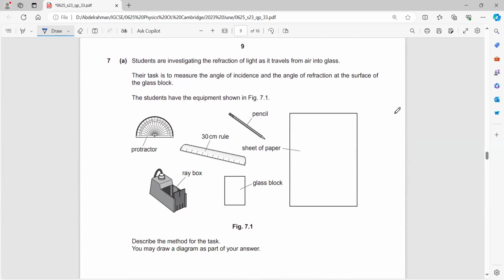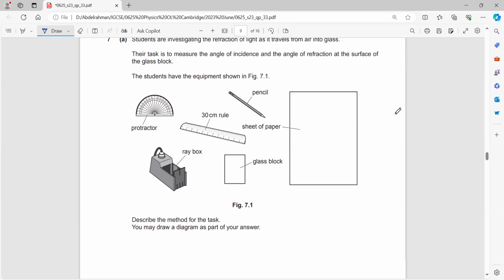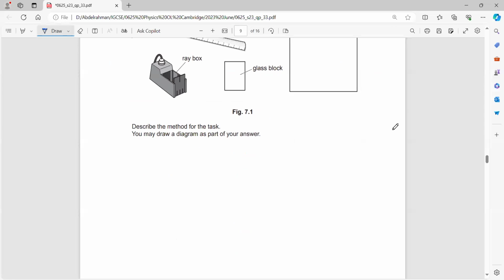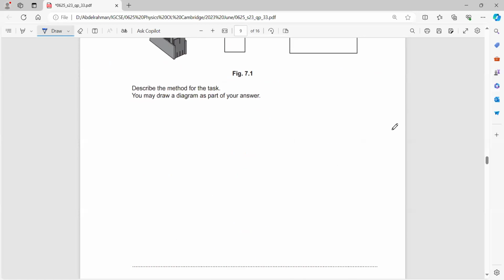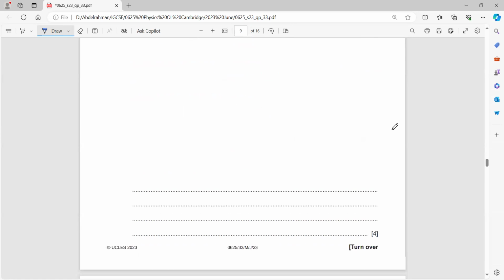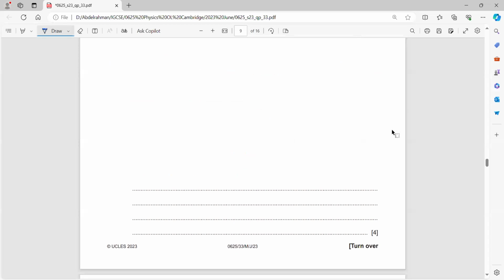Students are investigating refraction of light as it travels from air into glass. Their task is to measure the angle of incidence and angle of refraction at the surface of the glass block. The students have a protractor, meter ruler, ray box, and glass block. Describe a method for the task. You may draw a diagram.